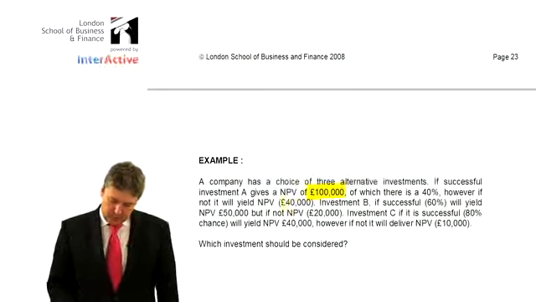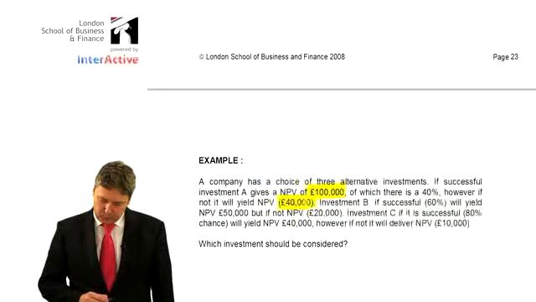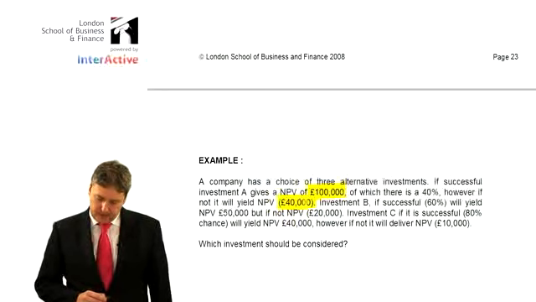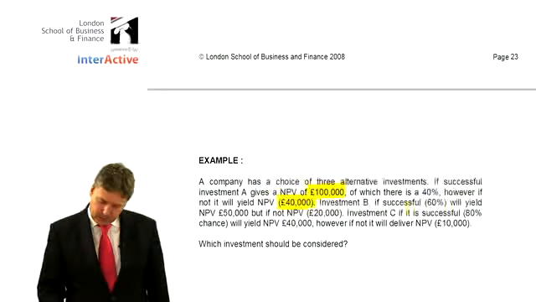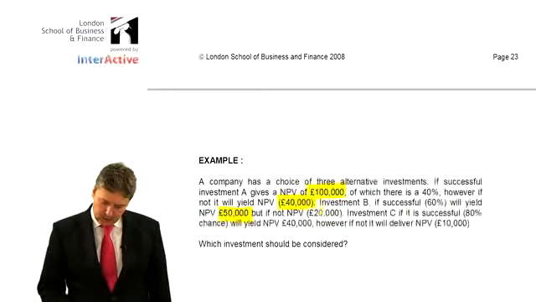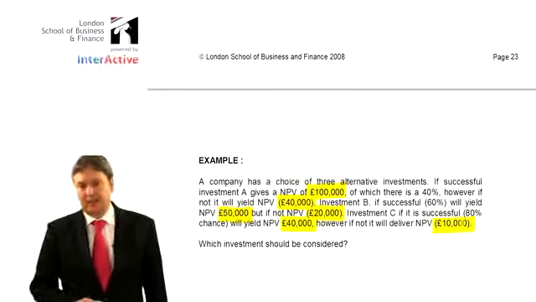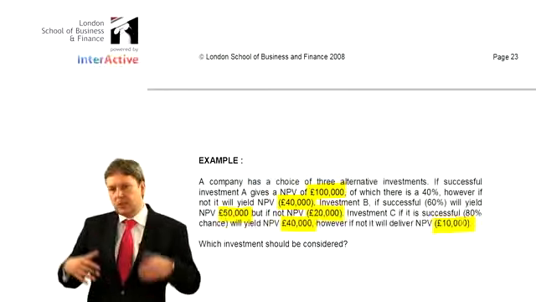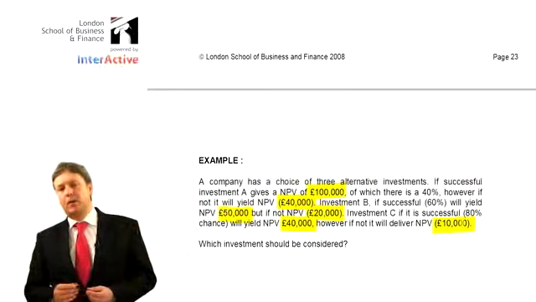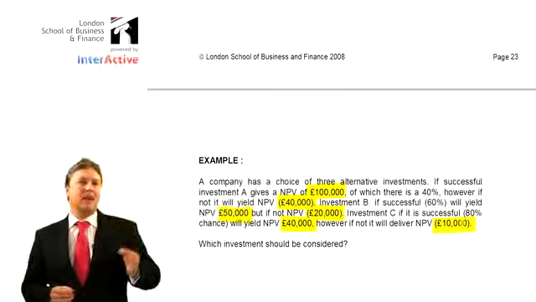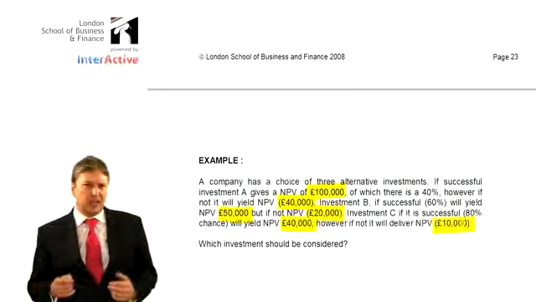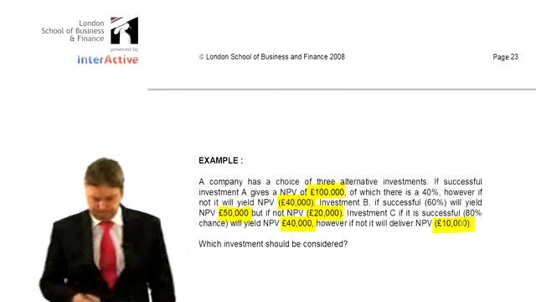However, if not, it will yield a net present value of minus 40,000. Investment B, if successful, 60% chance, will yield 50,000. If not, it will cost us 20,000. And C, 80% chance it will yield 40,000. If not, it will deliver a net present value of minus 10,000. Now, this term NPV, please don't worry about it. It is simply a measure of return. If you don't like it, just think of it as a profit.